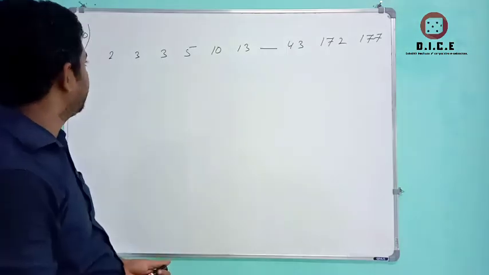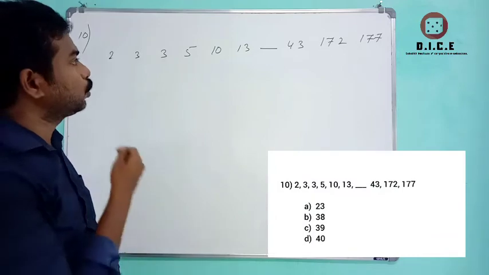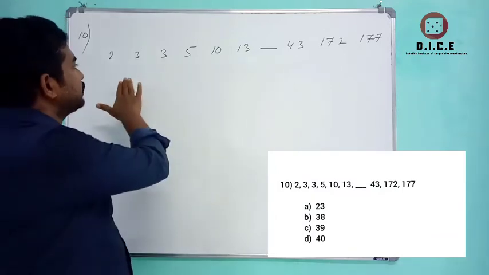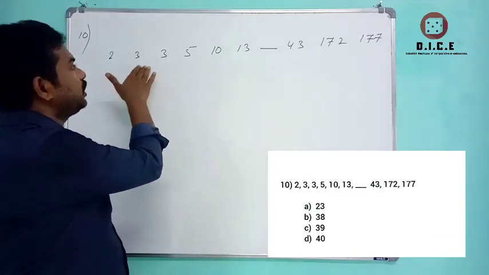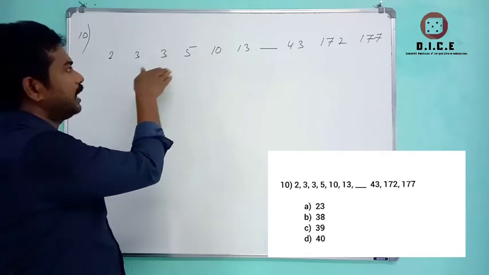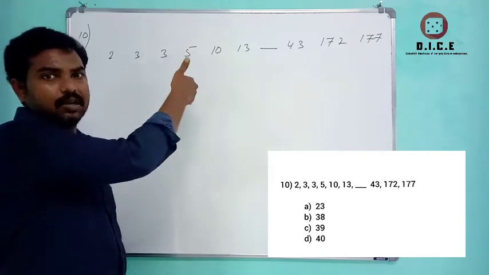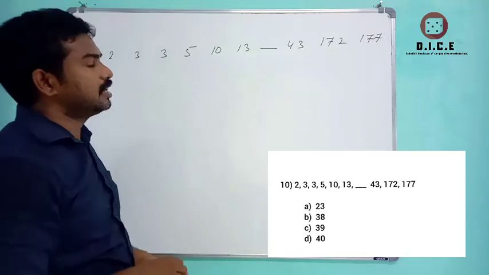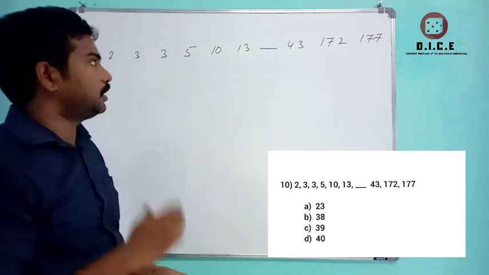Now if you see question number 10, when the numbers are very near, like 2, 3, 3, 5, or in the case of zigzagging, increasing, decreasing, or decreasing, increasing, definitely it is a case of logic or alternate series.